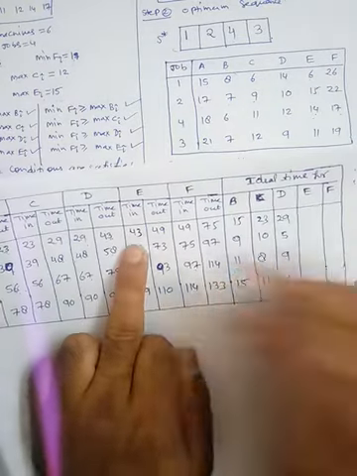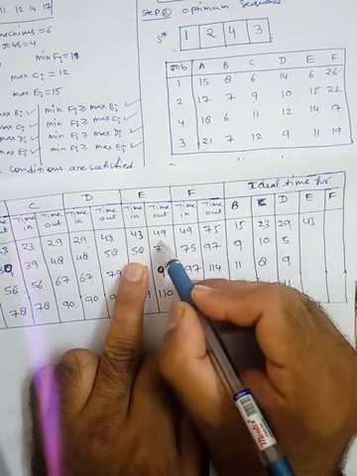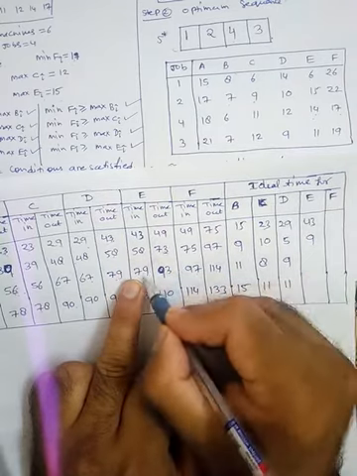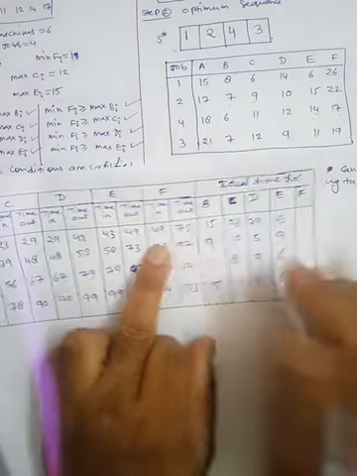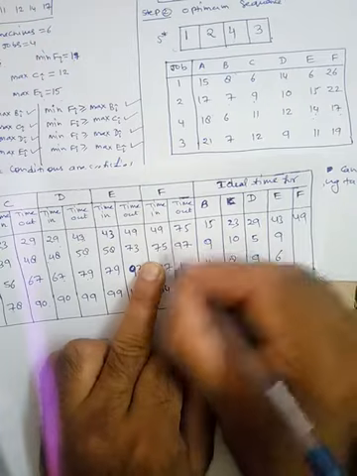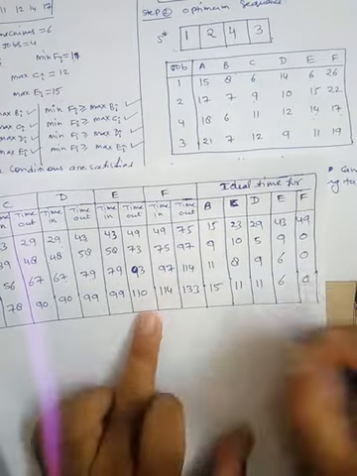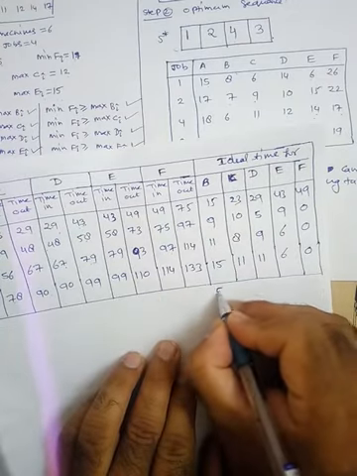Now for the E, 43. Then the gap 9 hours. Now the gap 6 hours and gap 6 hours. And now the last 49, gap 0, gap 0, gap 0. Take the sum. Total sum here is 50.